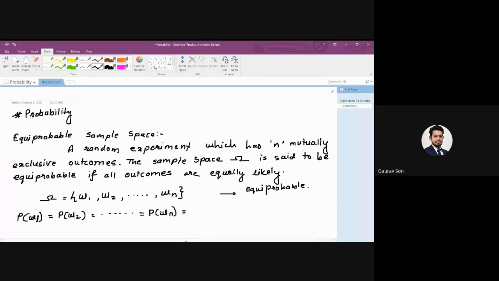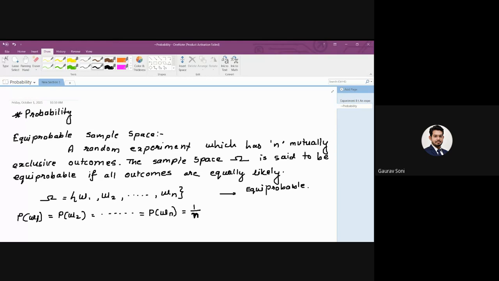The total probability is always 1. So the probability of each of these is going to be 1 by n, because you are dividing 1 into how many equal parts? N equal parts, right? So 1 is the total probability and there are n elements. So each must have equal probability of occurrence. So 1 by n is the probability of each and every one.